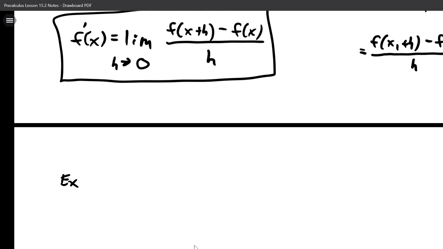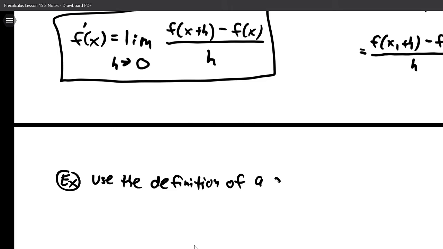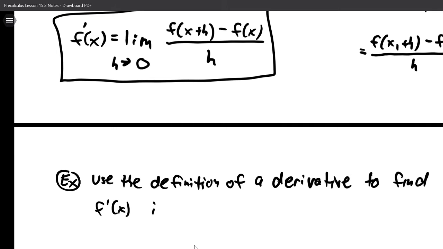An example would be, usually the instructions will be like, use the definition of a derivative to find f prime of x if f of x equals, let's go with 3x squared minus 4x.